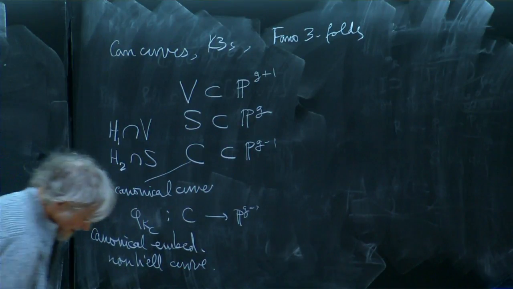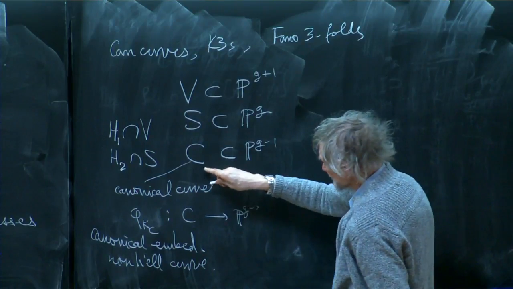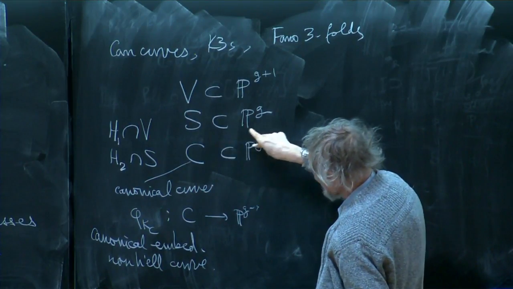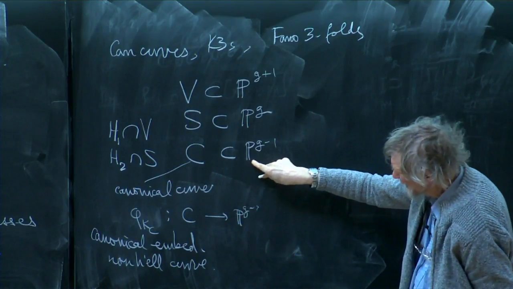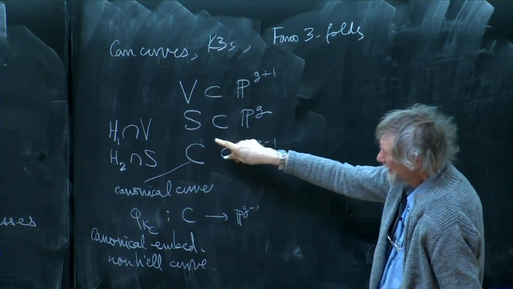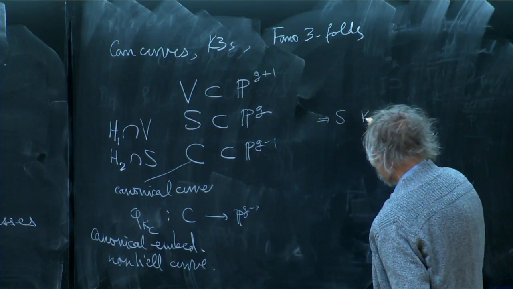Conversely, if I have a surface in projective space whose hyperplane section is a canonical curve, it follows that S is a K3 surface.